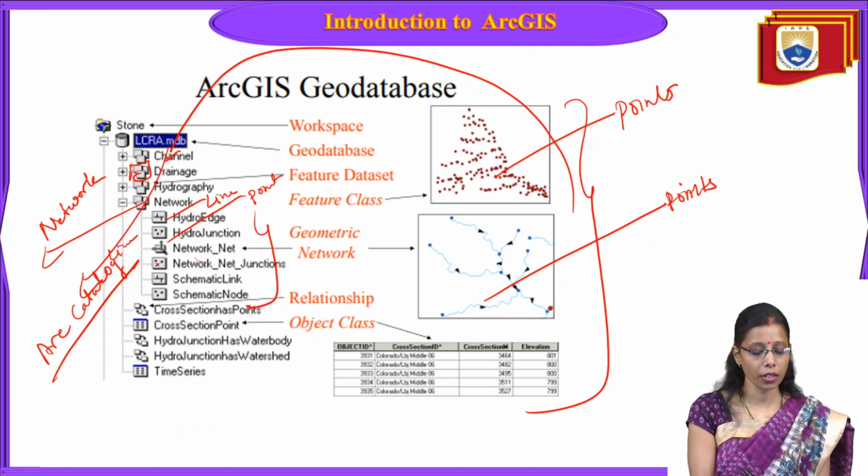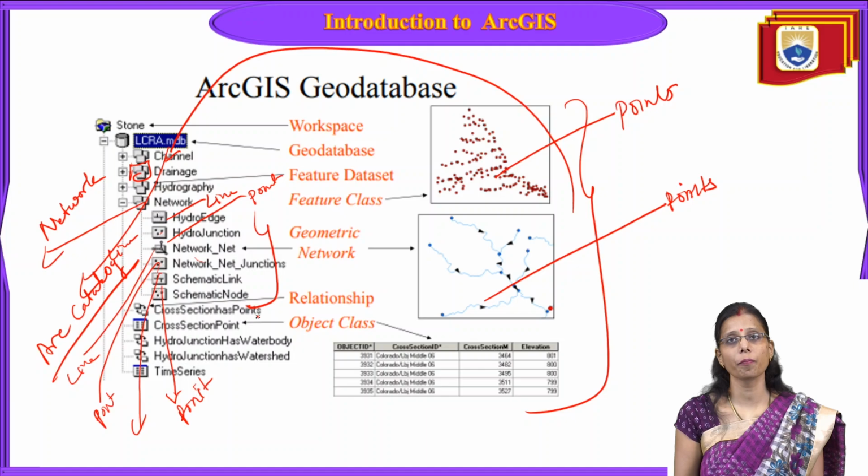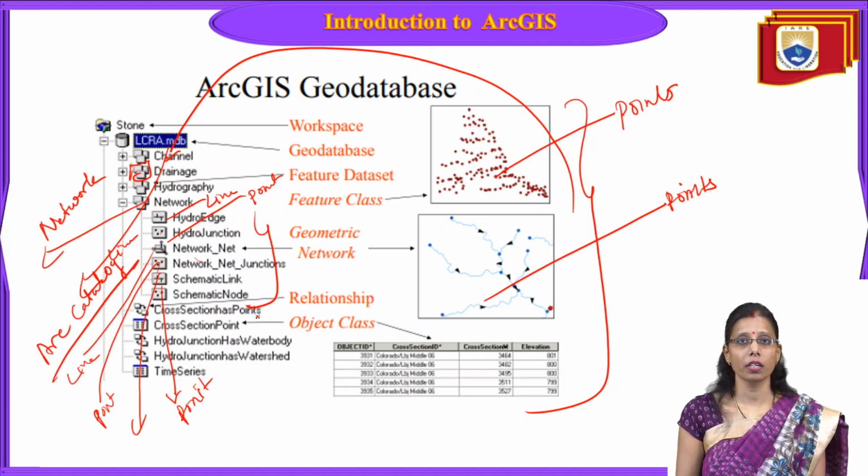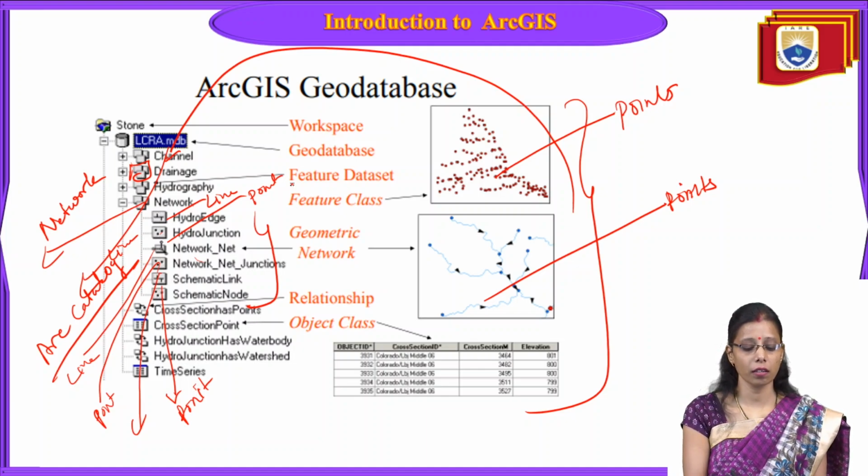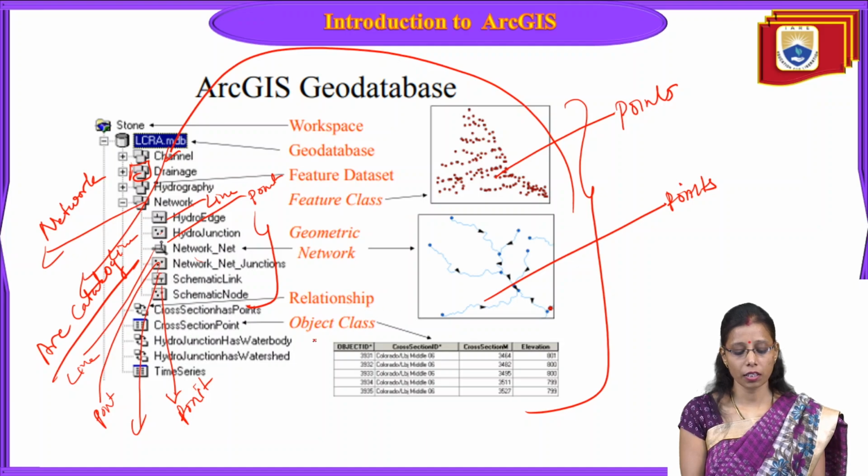This is a point, and here again we have a line, again a point, again a line, again a point. So all this information is stored in the geodatabase. It is called workspace, geodatabase, feature dataset, feature classes, geometric network, relationships, object class.